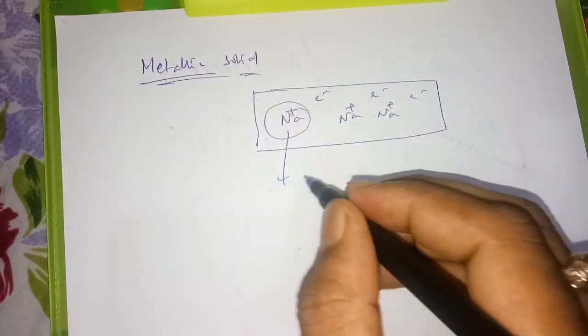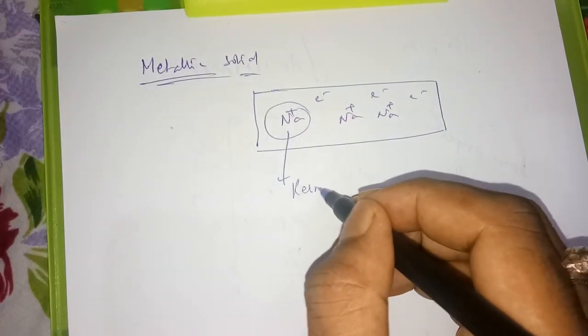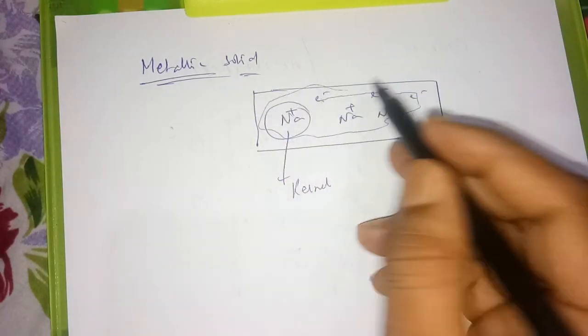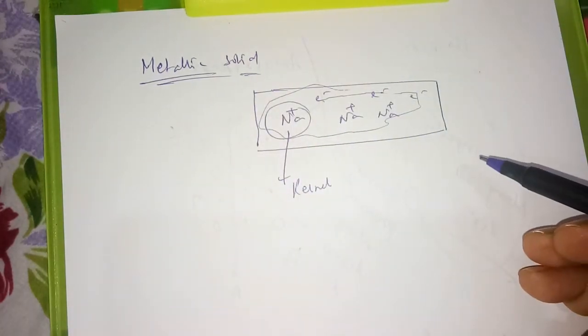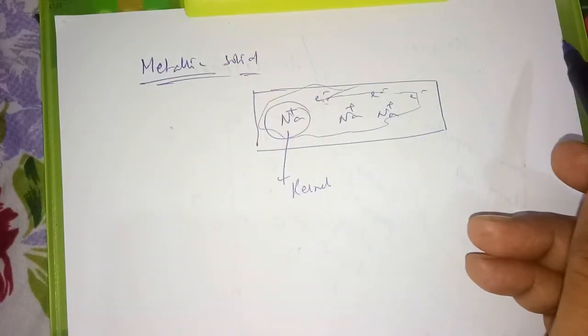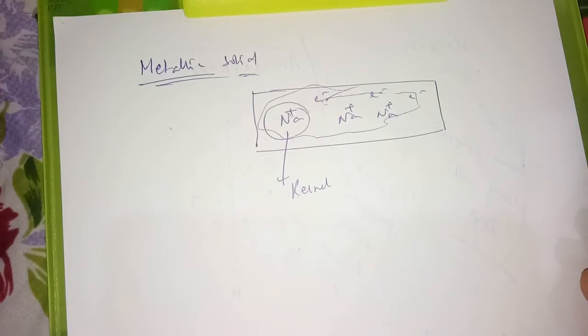These are called the kernel, and they are in a sea of electrons. So this is called the electron sea model. The more the number of electrons available in the outermost shell, the stronger is the bonding.